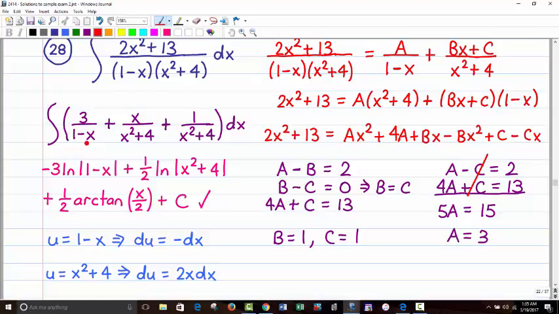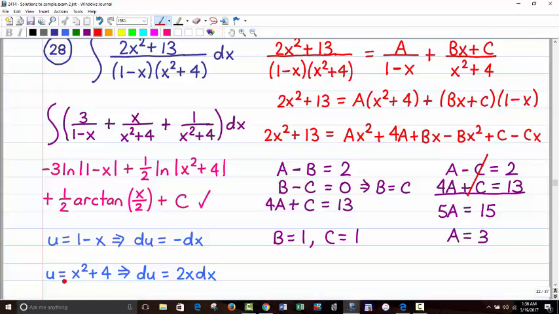Because the one thing you have to look for here is that even though this is 1 minus x, du is actually negative 1. So we have to adjust for that negative. So we just watch for that. So right down there, you see there's that negative coming outside here. So yes, it's a natural log integral, but it's a negative 3 there. So it's negative 3 natural log of absolute value of 1 minus x.